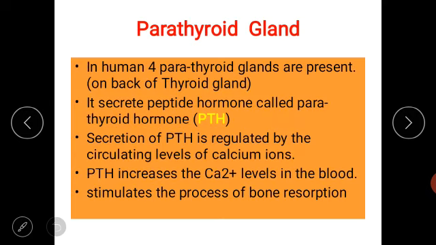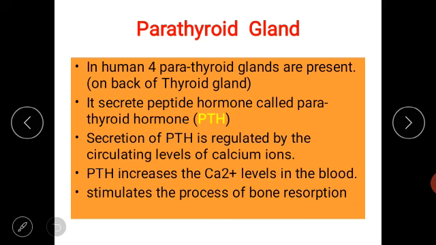So the next point is the parathyroid gland. The parathyroid gland is in association with the thyroid gland and supports the function of the thyroid gland. It acts as an accessory gland of the thyroid gland, so it is called the parathyroid gland.